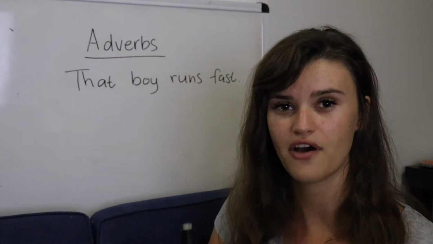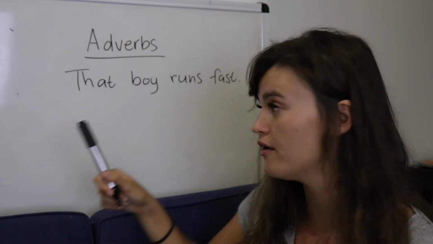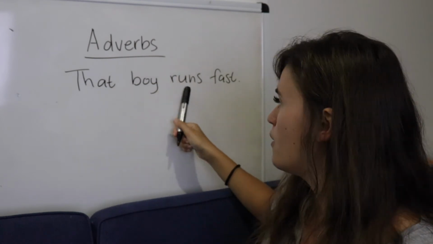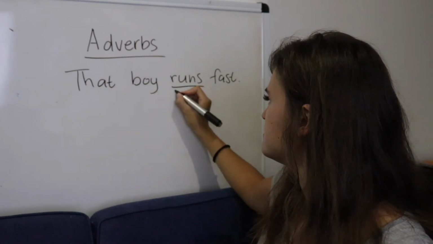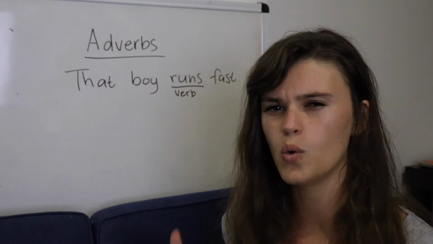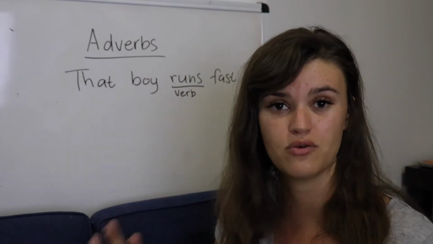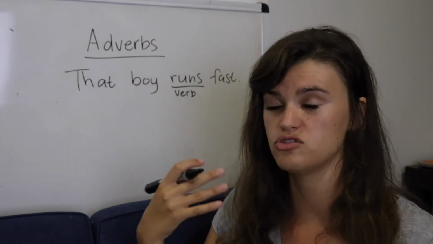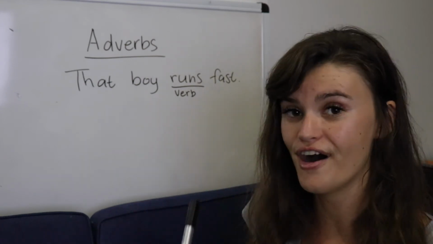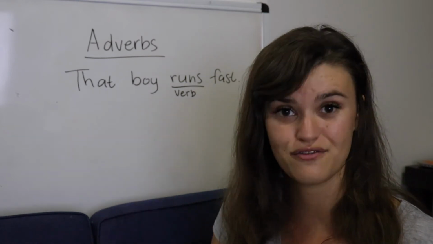Let's identify the verbs first. Where is the action? Runs. Now, which word is telling us a bit more about how he runs? Does he run slow? Does he run fast? Very good. Fast is the adverb.